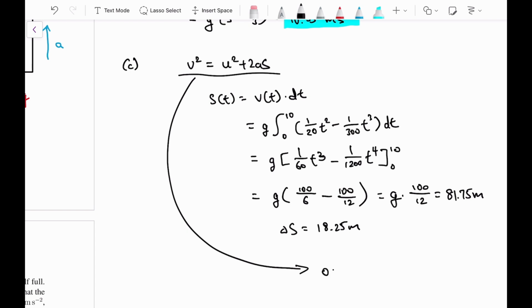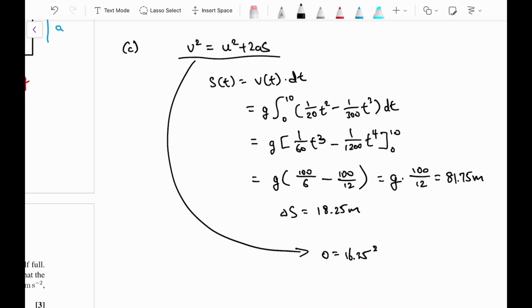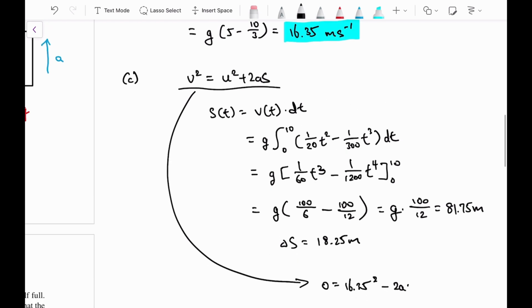v squared is equal to 0, u squared is equal to 16.35 squared, and then it's a deceleration, so it's a minus 2a times s, which is 18.25.